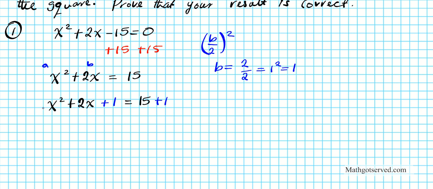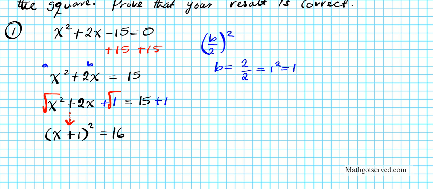To factor this, I'll simply read the first term and the last term, and then bring down the first sign. So the factored form is x, because the root of x squared is x, plus 1 quantity squared, equals 15 plus 1, which is 16.